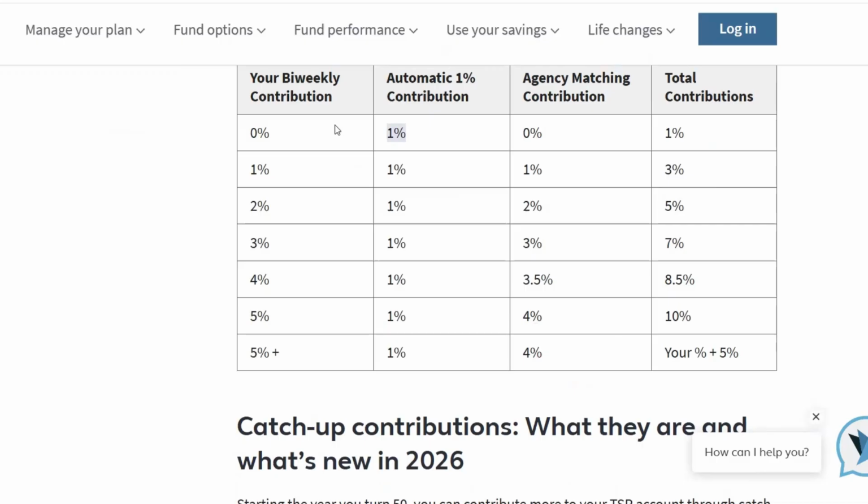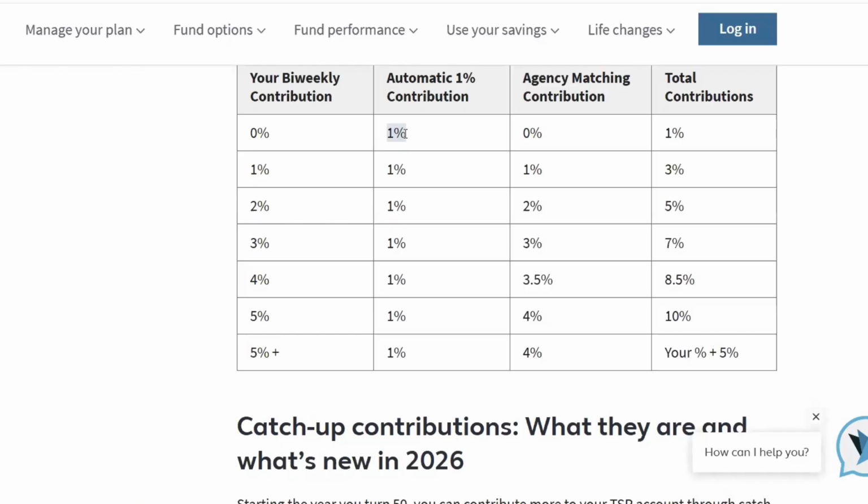Because what happens is once these amounts for whatever age they fall under are met, TSP stops those contributions. What does that mean for an employee? Since they're not contributing anymore, then they are not only not putting in their amount, but the agency is not putting in their matching contribution amount. Okay, so be very mindful of that.